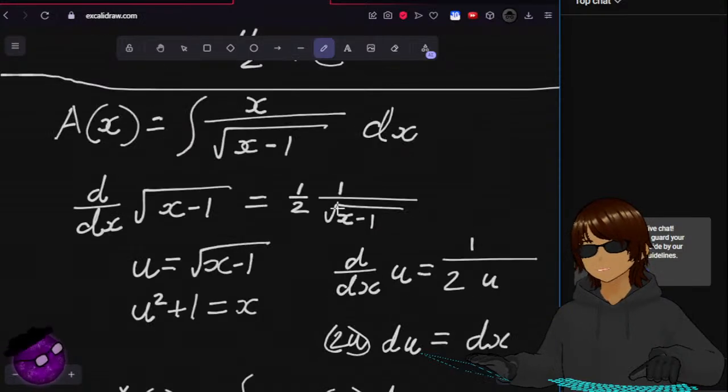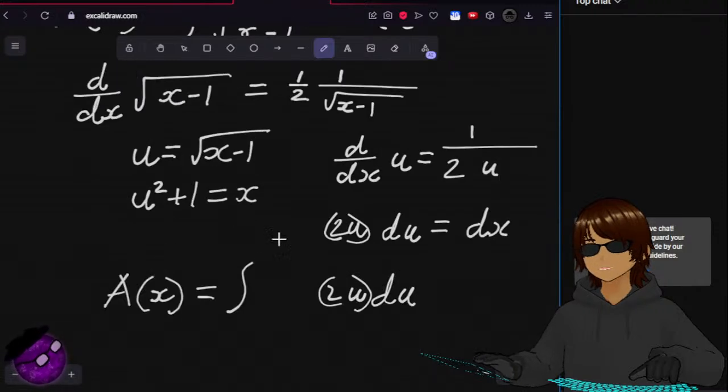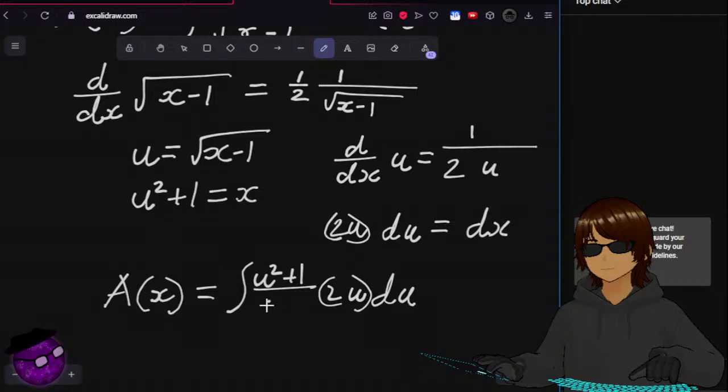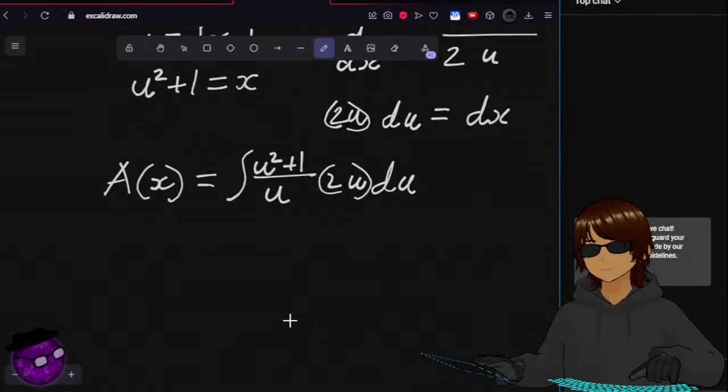We can replace x with u squared plus 1. We can replace this with u. And then this is equal to u when u cancel out. And I can bring 2 outside.